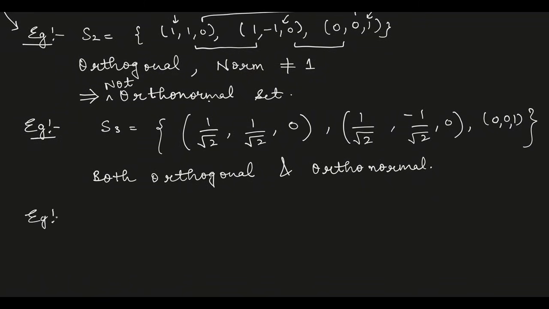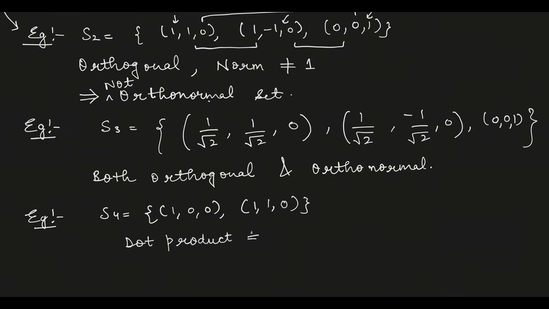Next example. Neither orthogonal nor orthonormal. The dot product is not equal to 0, and the norm of this is not equal to 1.